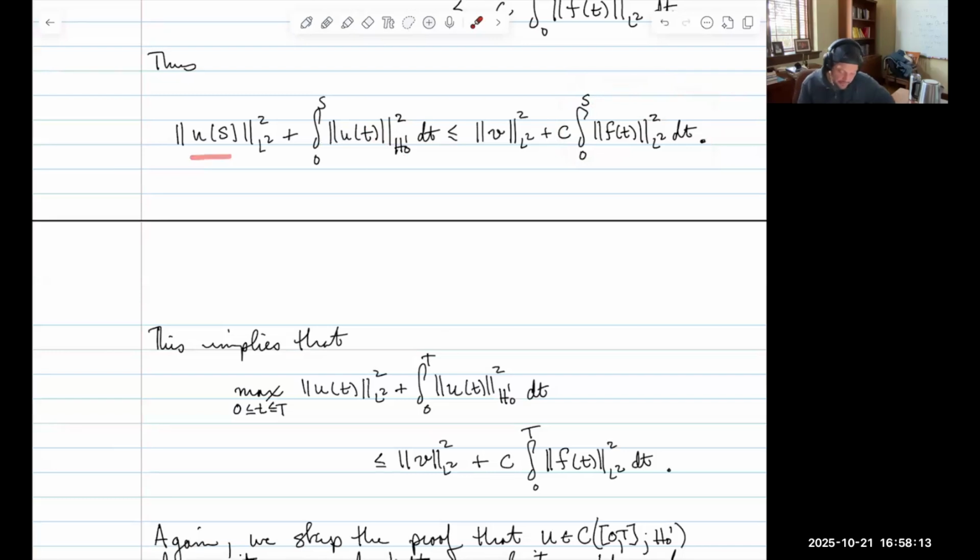What that says is, if I drop this and consider only what's over here, then I see that u(s) in L2 is less than the L2 norm of v squared plus, remember I said I'm going to push that all the way up to t.